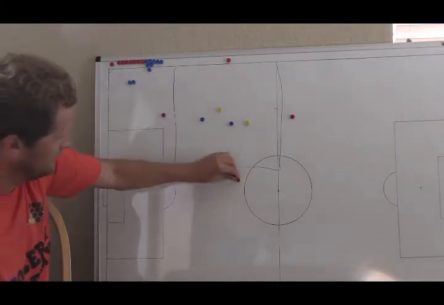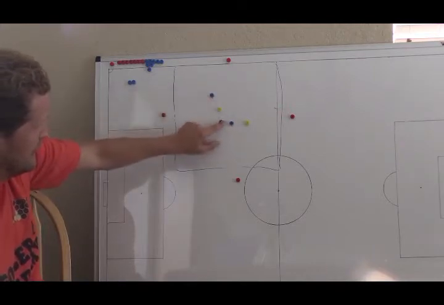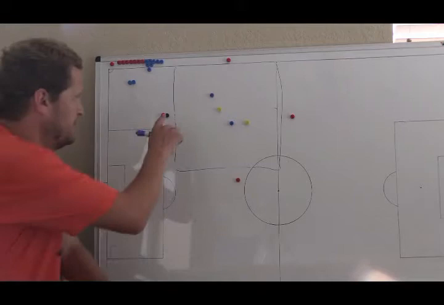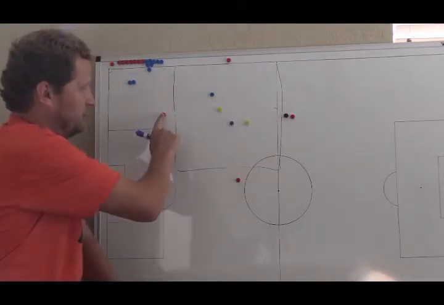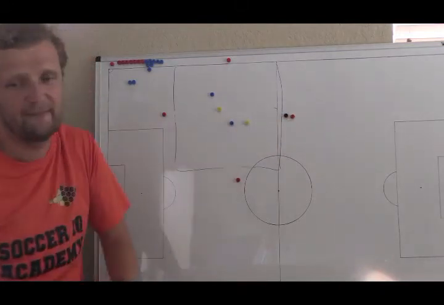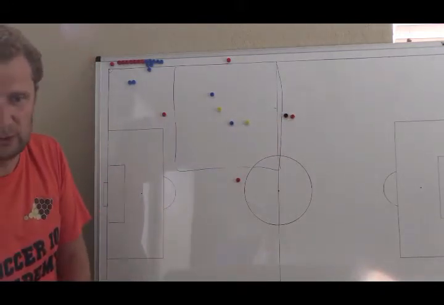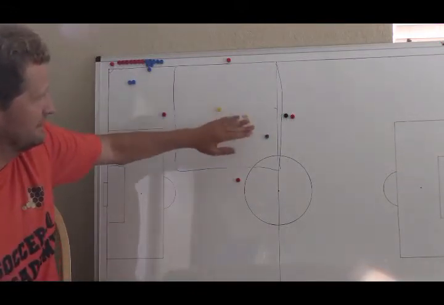So if the ball comes from this player to red to blue, and he plays here, we just keep possession, but that's not a point. Then, for example, we're playing here, and then here, that's a point, because we brought it from this side to this side. Alright? So, body position on the way you receive the ball, space, use the space.